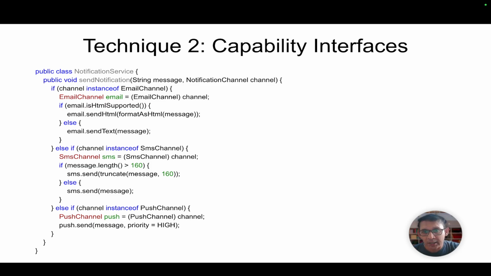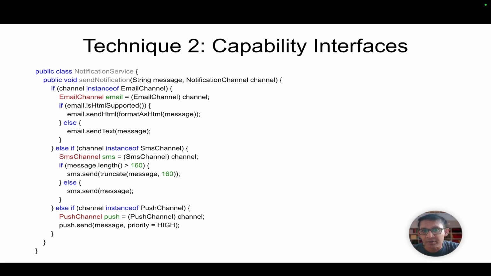Then you have to check what type of channel it is. If it's an email channel, you cast it and check if HTML is supported. If it is, you format it as HTML and send it. If not, you send plain text. If it's an SMS channel, you check the message length and truncate it if it's over 160 characters. If it's a push channel, you send with high priority.